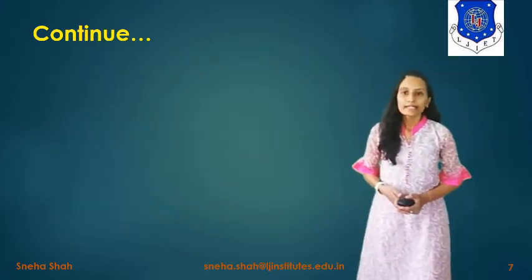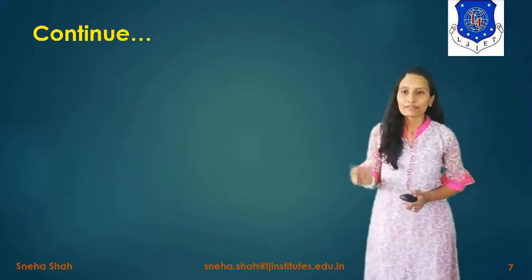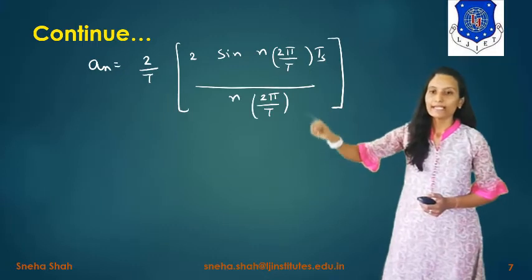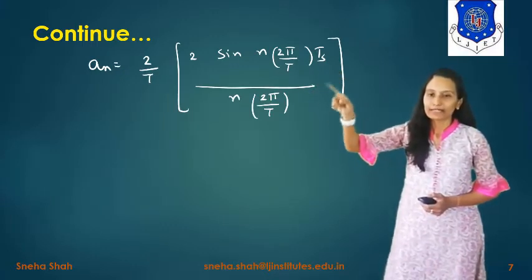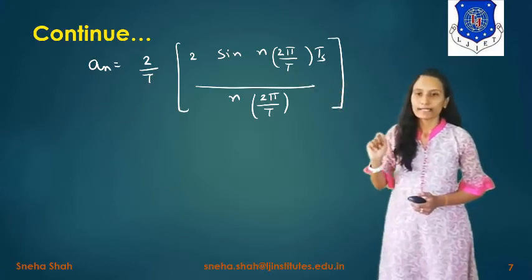If we simplify the value of an by putting the value of omega 0, then the next step will be an equals 2 by T in bracket 2 sin n into 2 pi by capital T into Ts, because the value of omega 0 equals 2 pi by capital T, right?